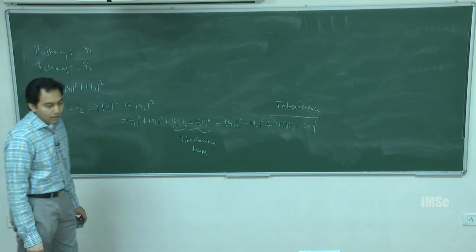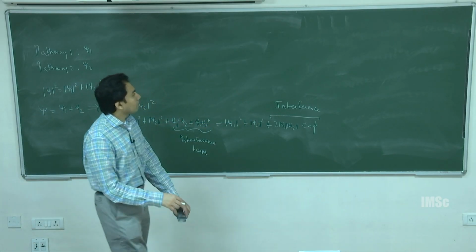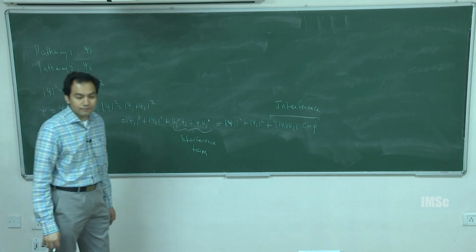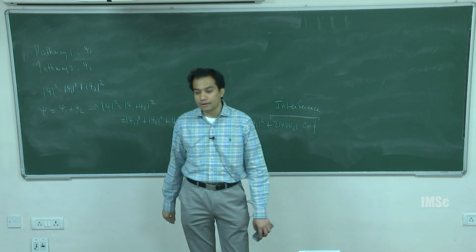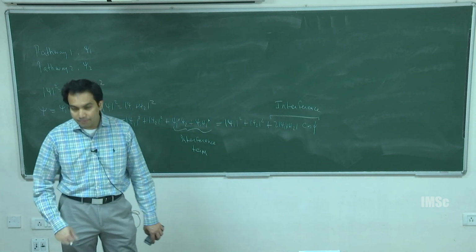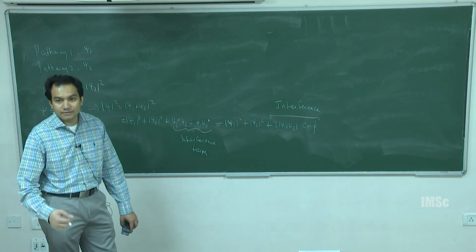Okay, so how about this one? The kind of correlation that we have looked into until now is the 2-point correlation. But can we discuss higher order correlations, like 4-point correlation and so on? The answer is yes.